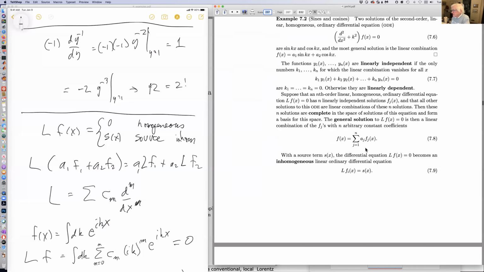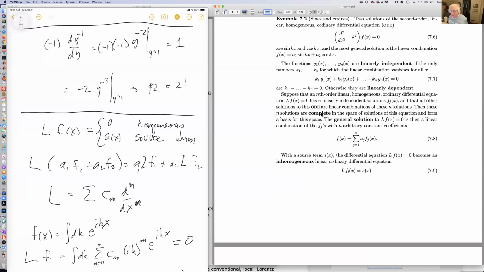So let's suppose for the moment we have an nth order linear homogeneous ordinary differential equation, L f of x equal to 0, and we have n linearly independent solutions f_j of x, and all the other solutions are linear combinations of these n solutions.